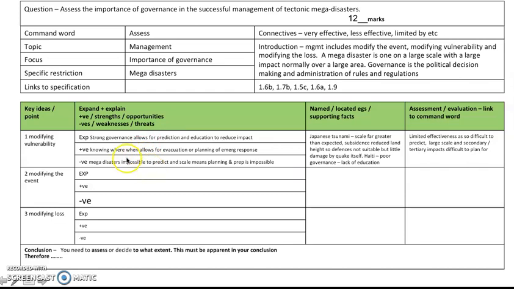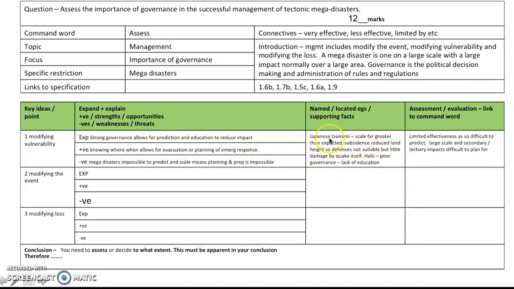So when modifying the vulnerability, we've talked about strong governance. The explanation here and these areas here, although it's positive, strengths or opportunities, are the points that will back up your answer, saying that yes, governance is important in successful management, whereas this would be the counterpoint or the implicit judgment, showing, however, there are other factors which will have an impact.